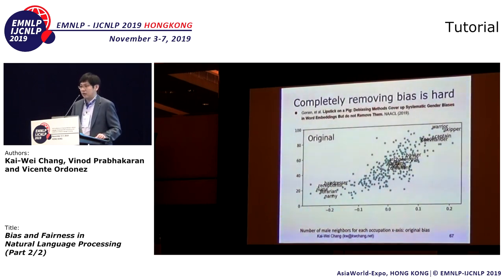The y-axis shows how many male words are in the nearest neighbors of these words. As you can see, some words like captain have a lot of male nearest neighbors, and some words like nanny have fewer male nearest neighbors. So this is the result on the original word embedding model.